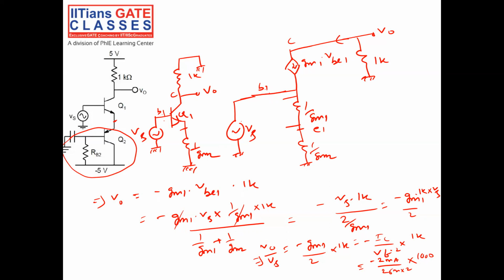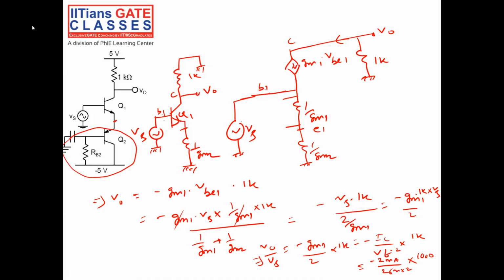It is equal to 2 into 1000 divided by 26 into 2. The 2 milliampere cancels, so 1000 by 26, which is 38.4.